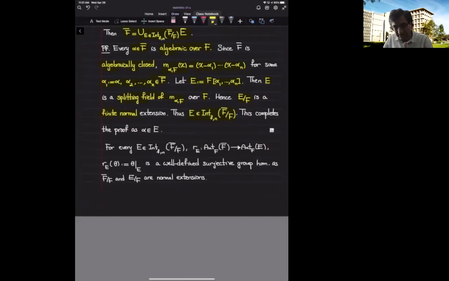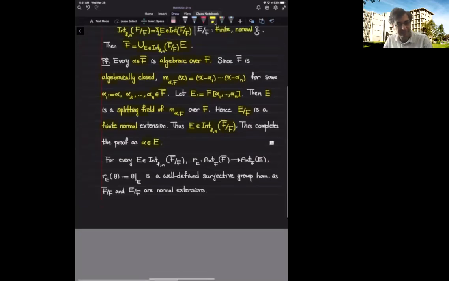But alpha is an element inside E: you see alpha 1 is alpha, and alpha is inside E. So this means that every element of F bar belongs to one of these intermediate subfields, and so to the union. That shows that algebraic closures are indeed, in a certain sense, the union of splitting fields of polynomials in F bracket X.